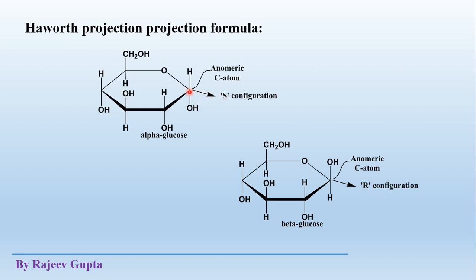This chiral center has S configuration and this chiral center has R configuration, meaning the configurations on the anomeric carbon atoms are different. Here the OH group is at the downside, here also downside, here upside, here upside. The configuration on all the other chiral centers is the same in both structures. So both are diastereomers, especially anomers.